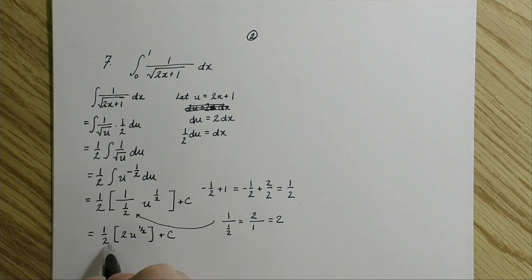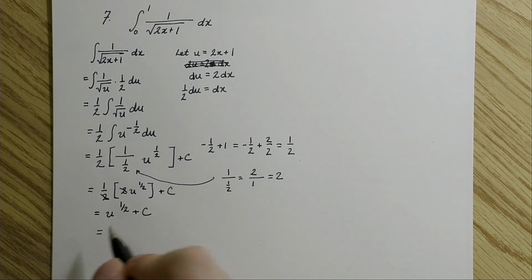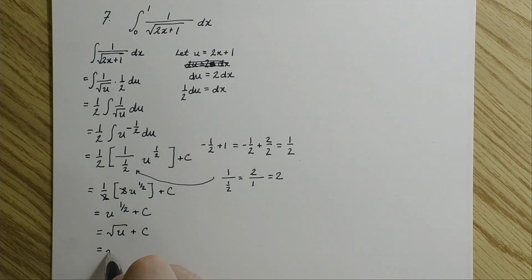1/2 times 2 cancels, so I'm left with u to the 1/2 plus a constant. Or you could also rewrite that as the square root of u plus c. And substituting in what u is, I get the square root of 2x plus 1 plus a constant.